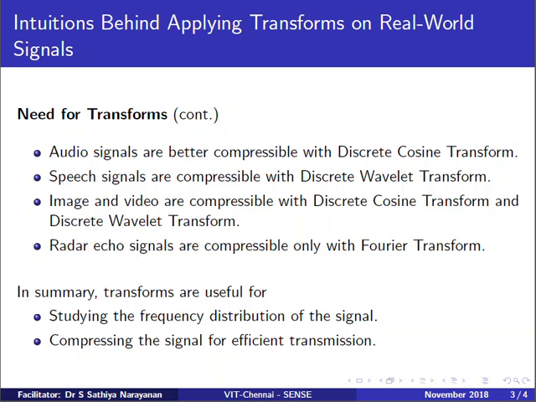The next thing is, when a signal is subjected to a transform, the signal becomes compressible and has a compact representation. Therefore, the signal is in a form where it can be transmitted with a lesser number of bits than in its original form. So the transforms are useful for compressing the signal for efficient transmission.